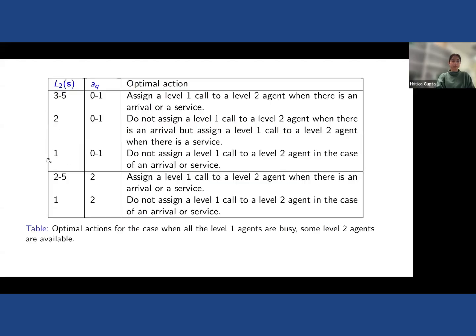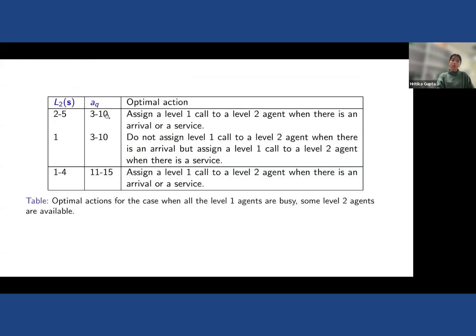If there are few level 2 agents available, for example 1, and there are few callers waiting in the queue, the optimal action is to not assign a level 1 call to a level 2 agent in case of an arrival or a service. Similarly, for different sets of these variables, you get different sets of actions. If there are more callers waiting in the queue, the policy is more flexible about assigning level 1 to a level 2 agent.